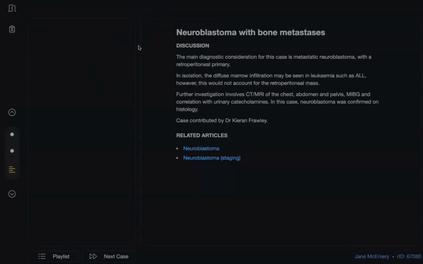Sir, I don't have the exact idea, but I think it is a secreting tumor. Correct. Does neuroblastoma secrete any type of catecholamines or hormones? Yes, sir, VMA and HVA. Yes, it is secreting.